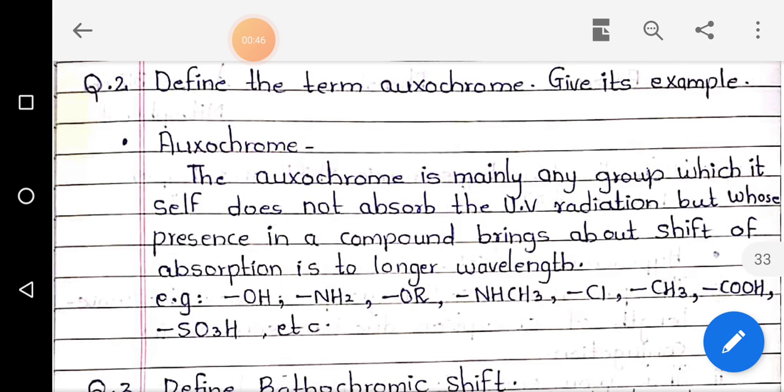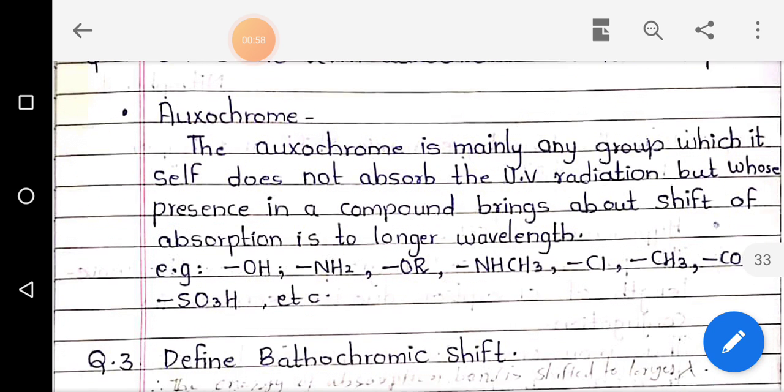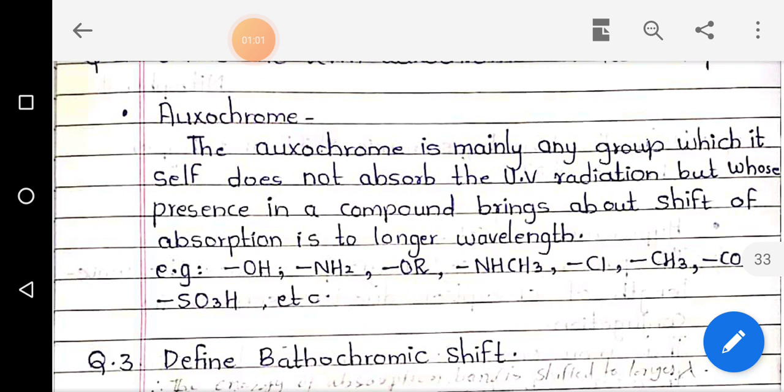Generally, the groups which do not have unsaturations and have the capacity to involve the lone pair of electrons and to increase the resonance of the system, all those groups fall under the oxochromes.